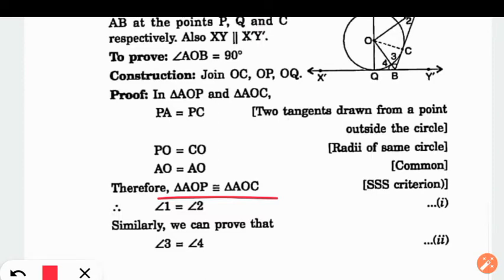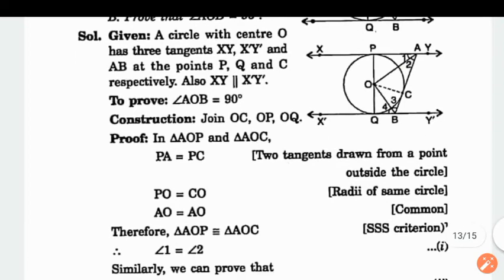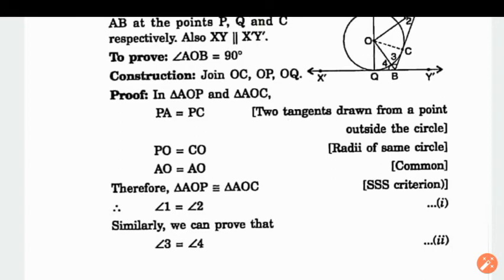So in that case angle 1 must be equal to angle 2. Similarly, these two angles are also equal: angle 3 must be equal to angle 4, because they are the two tangents drawn from the point B. So they are equal.